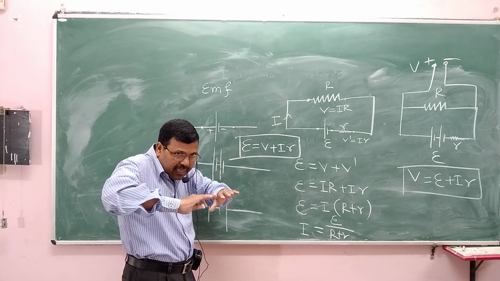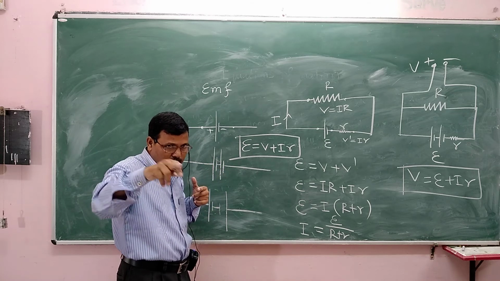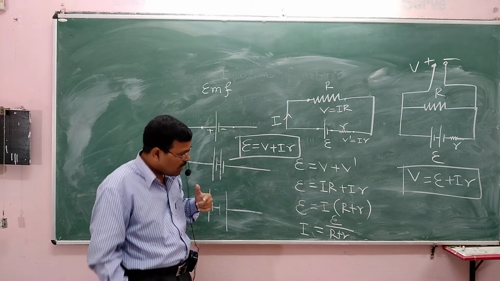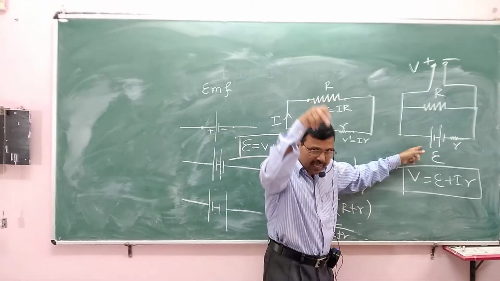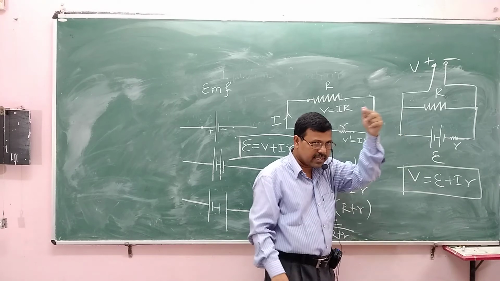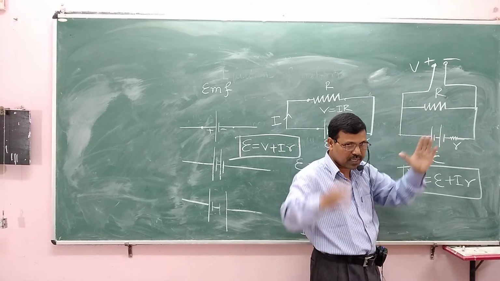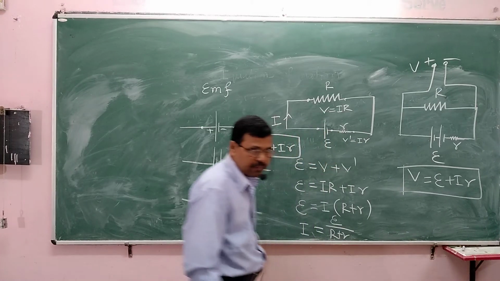Whenever the cell is under discharging, EMF is greater than the potential difference. Whenever the cell is under charging, EMF of the cell is less than the potential difference. So these facts are very important.